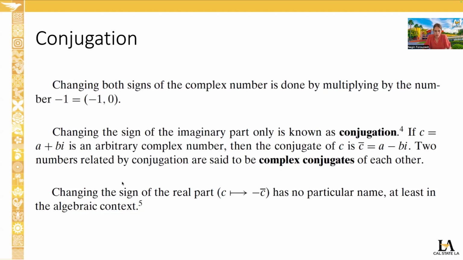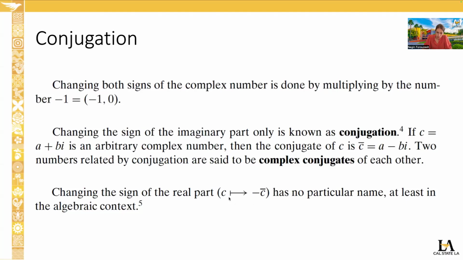And the third situation is the case where you only change the sign of the real part, but not the imaginary part. In that case, you're changing C to negative C bar. By multiplying C bar by -1, you are changing the sign of the real part, and changing the sign of C bar means you are getting back to the original number for the imaginary part.